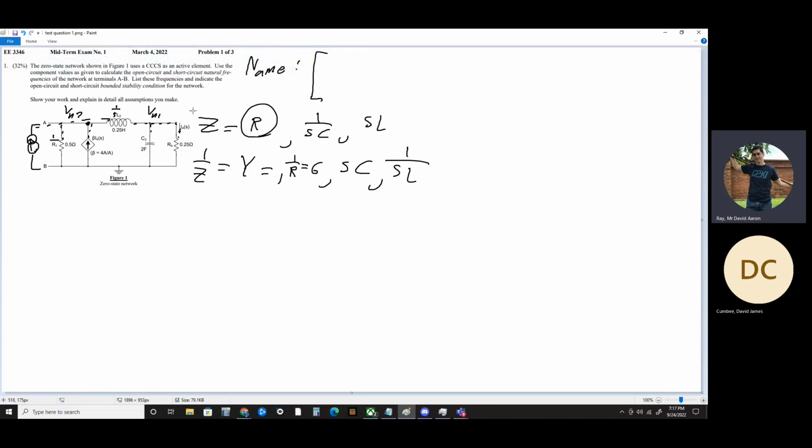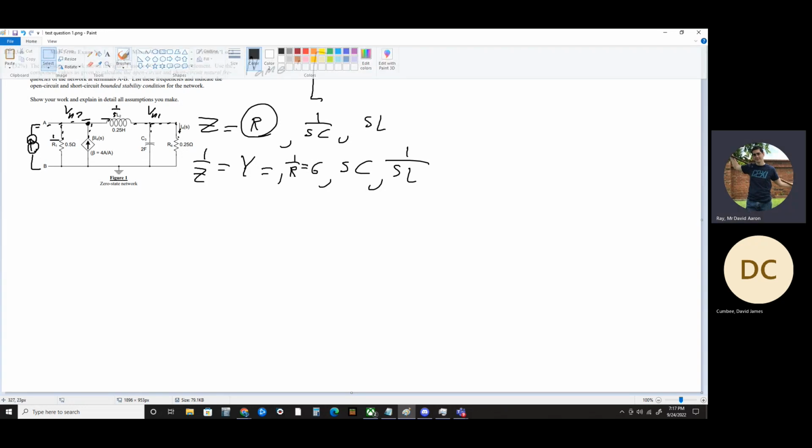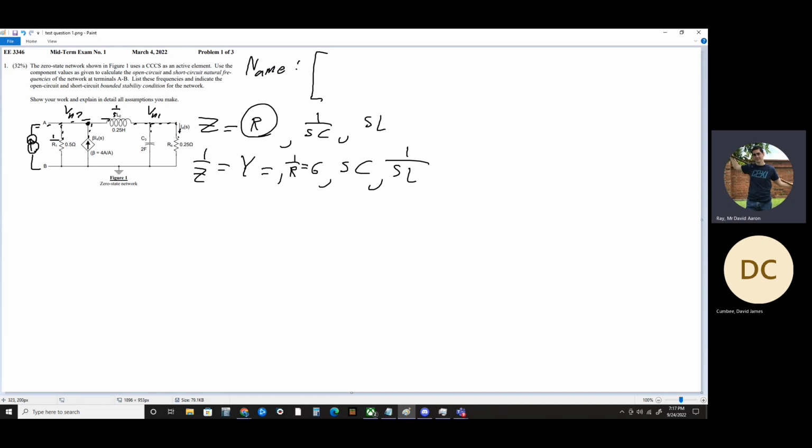So if I go over to here, you have 1 over SL2, since we're doing conductances, and you'll have SC3 for conductances, and 1 over R4.